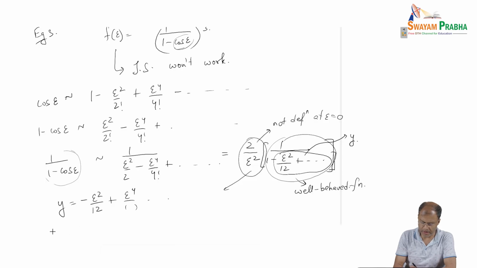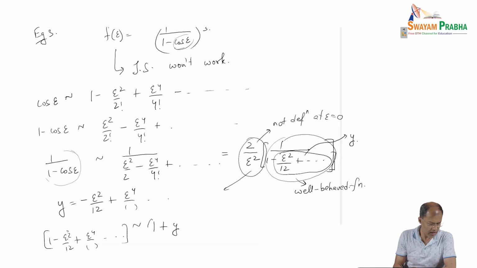So now this factor 1 minus epsilon square by 12 plus epsilon 4 by this and so on is going to be, let us now for the time being just look at this factor. So this one is 1 plus y, right?